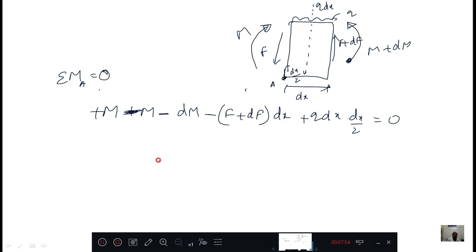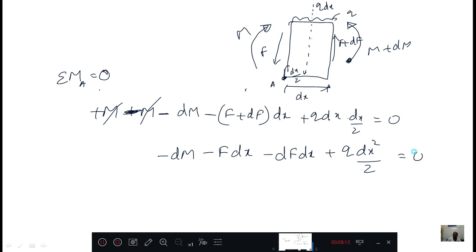Now what happens? Plus M minus M cancel, minus dM left alone here, and we will take this dx inside, minus F dx, minus dF dx, plus q dx square by 2 equal to 0.